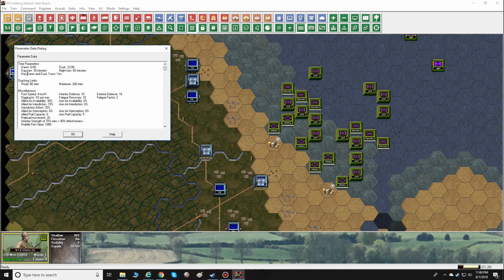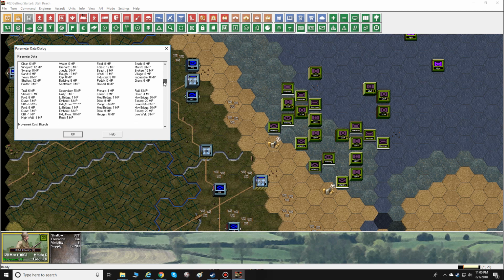If you look, you can see here it starts at 6 o'clock dawn. It's going to end at dusk. Each turn is going to represent 30 minutes. Night turns are 60 minutes long, and does it have dusk or dawn turns? Yes. And most importantly, 80 men per hex.